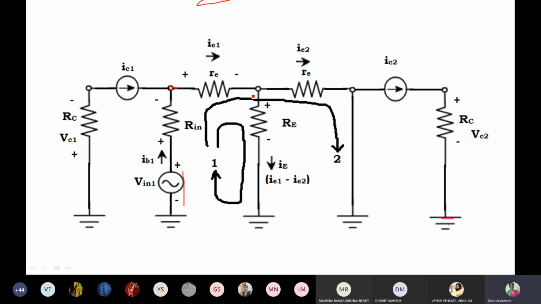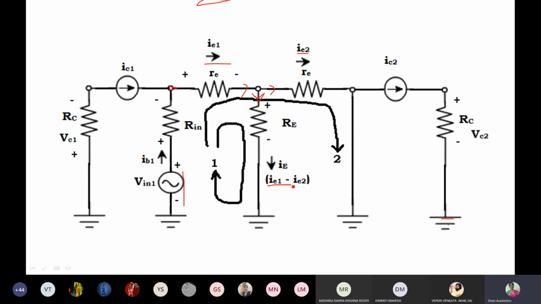If you observe, the current that is flowing here, this IE1, will be divided into two branches. The current that is going to the other side we indicate as IE2. Therefore, IE1 minus IE2 will be flowing through this branch.